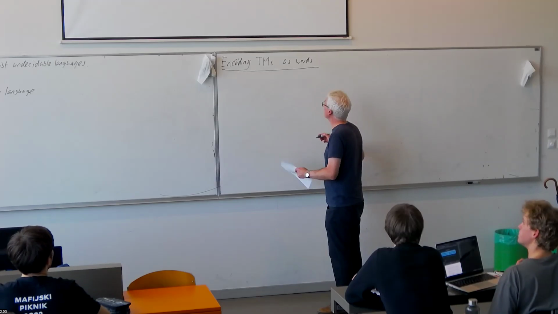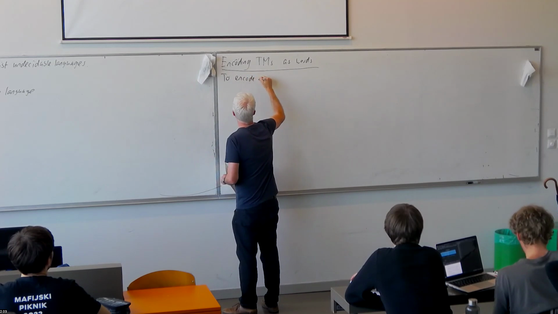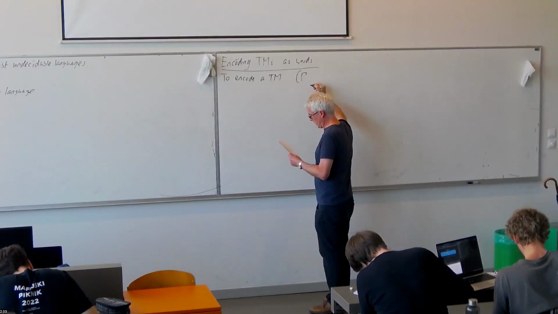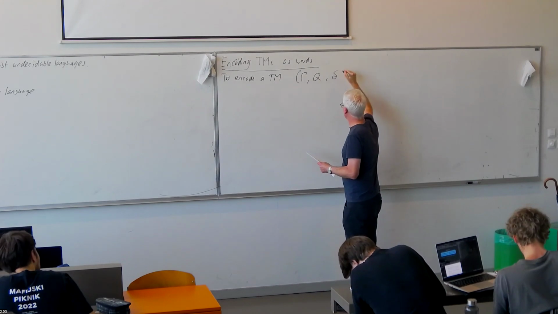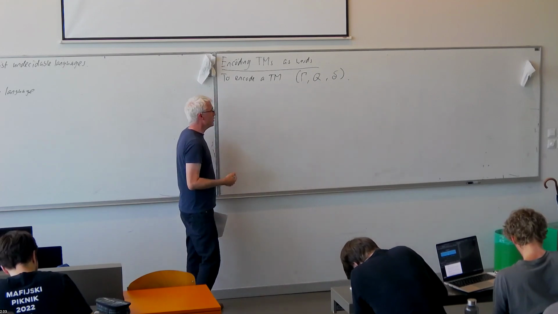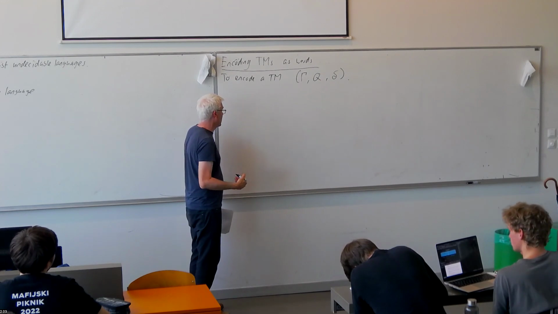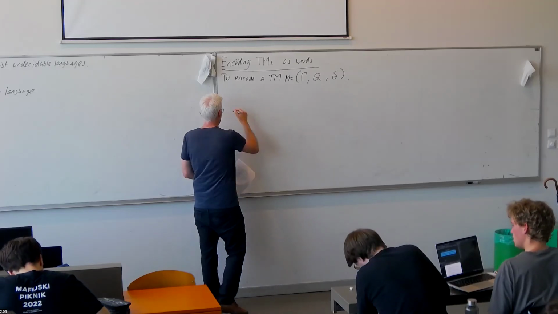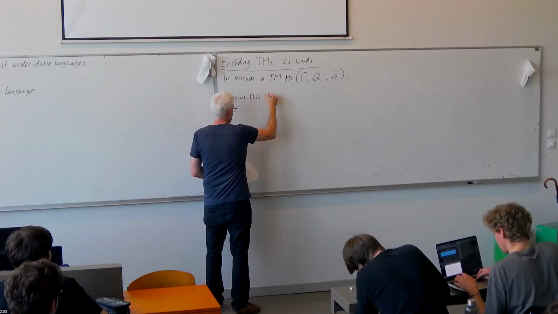So to encode the Turing machine of the form gamma, that's the tape alphabet, Q, the set of states, and delta, we're going to encode such a Turing machine, let's call it N, as a word over an alphabet. We give this an encoding.